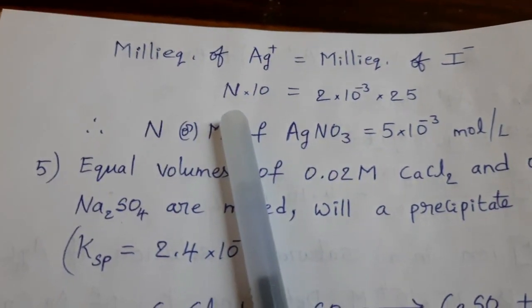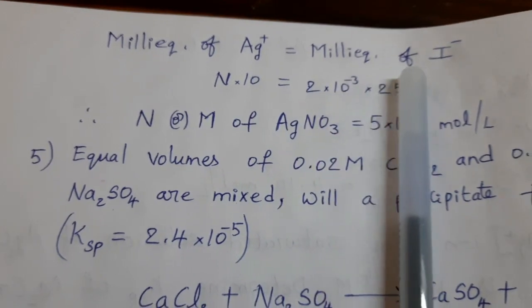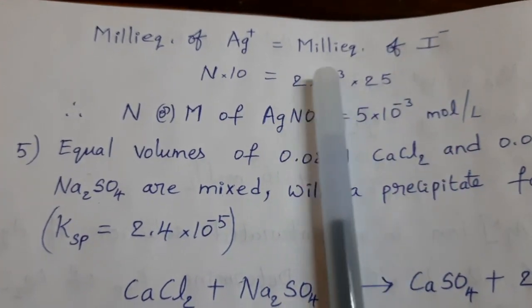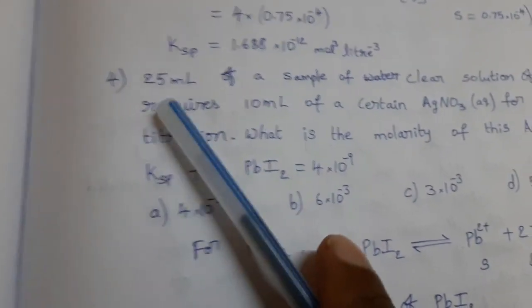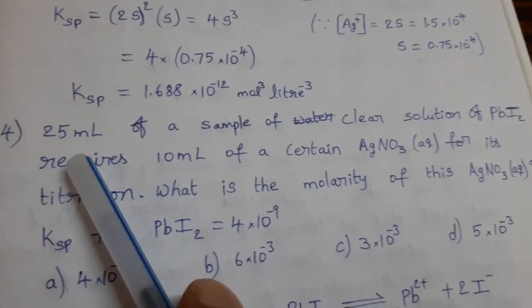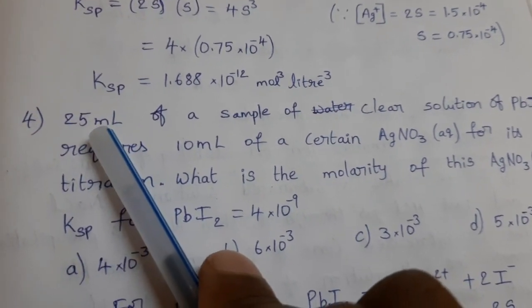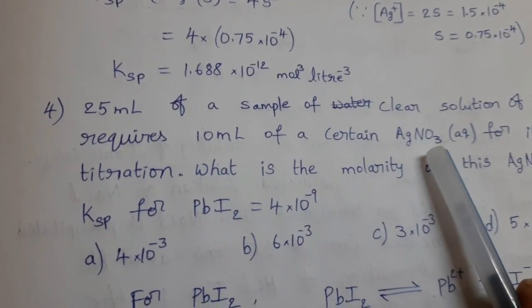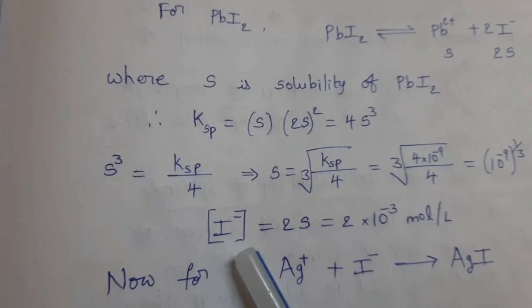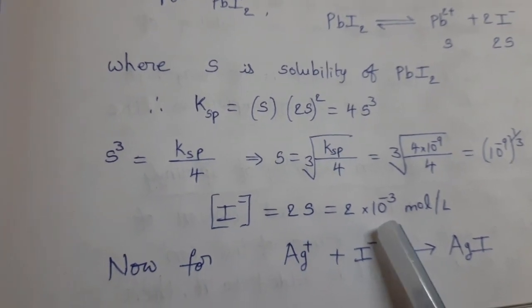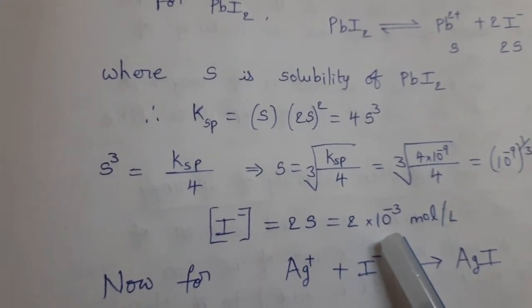Milliequivalents means normality into its volume. Here see the volumes: 25 ml of PbI2, so iodide ion concentration with 25 ml. AgNO3 volume is 10 ml, that means Ag plus ion concentration with 10 ml. Here the iodide ion concentration we calculated, that is 2 into 10 power minus 3.